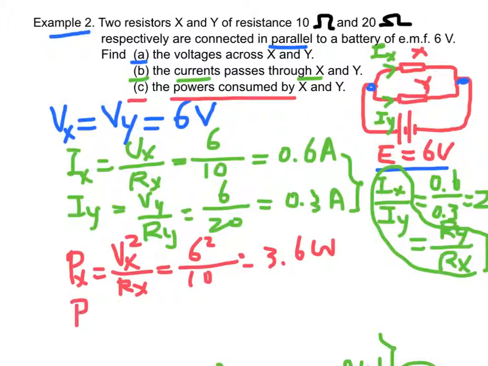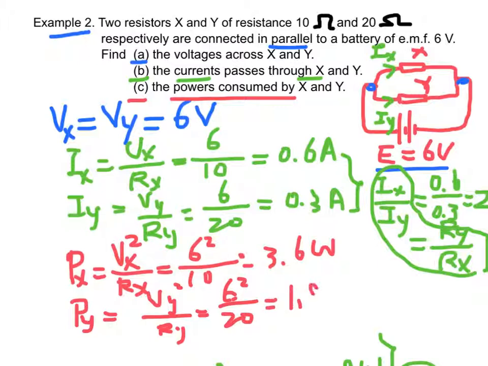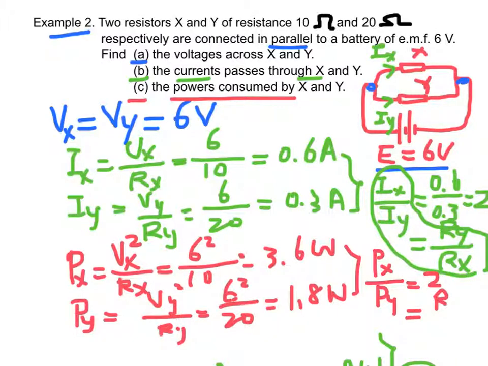And the power dissipated by Y equals Vy squared over Ry, which is equal to 6 squared over 20, equal to 1.8 watts. Again, the ratio Px over Py equals 2, equal to the ratio of the resistance Ry over Rx. You have learned these relations again on the last page.